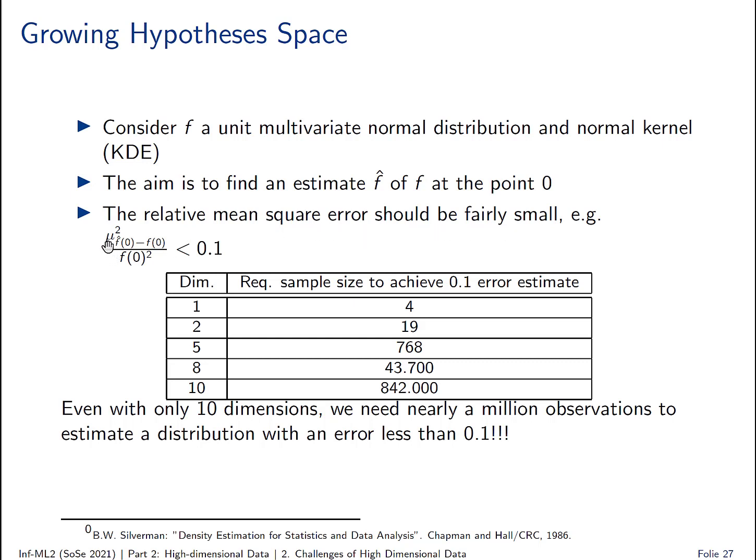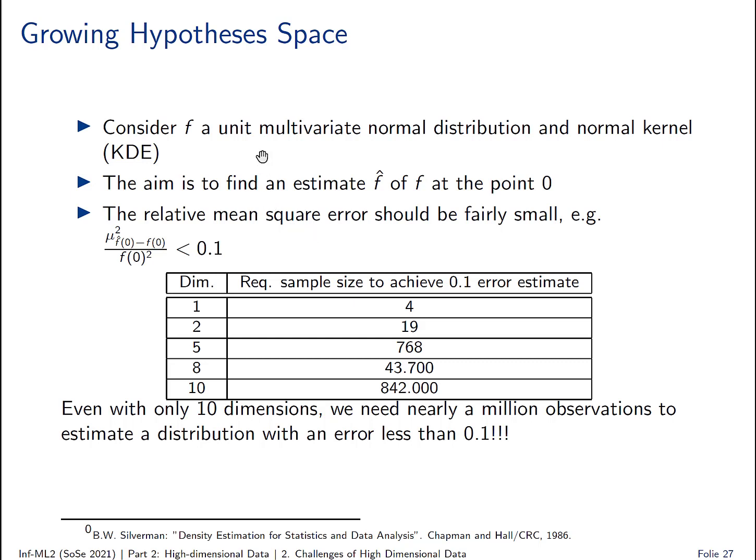For example, we want the expected squared difference between the estimate at point 0 and the true value at point 0, relative to the squared true value at point 0, to be less than 10%. So we want a fairly small mean square error of our estimate.